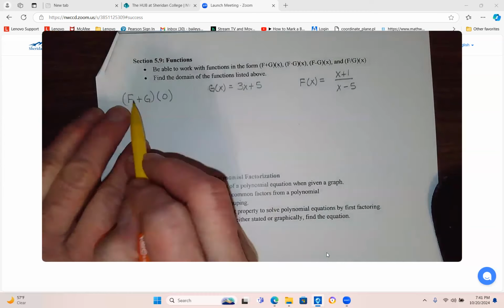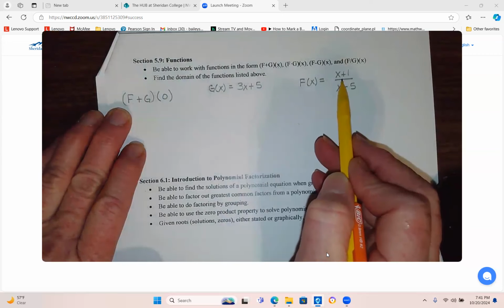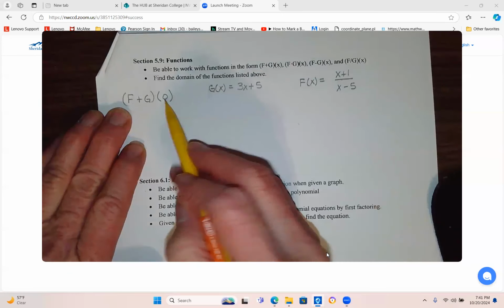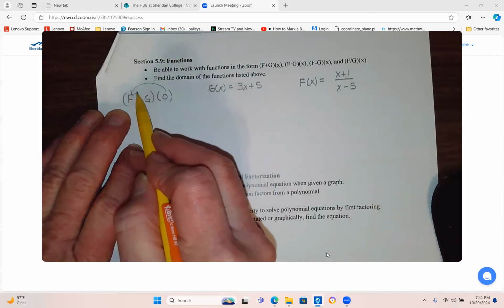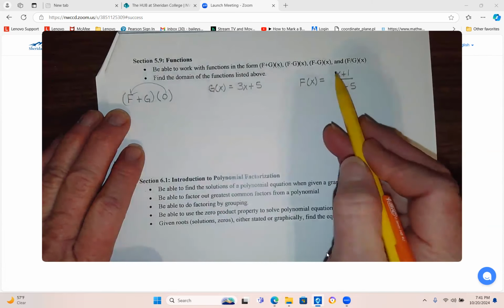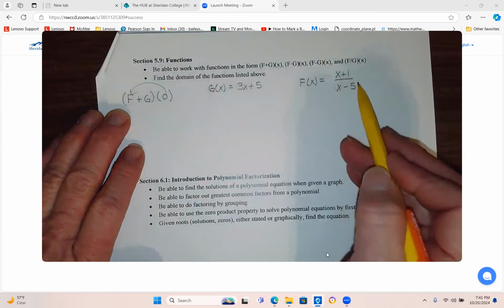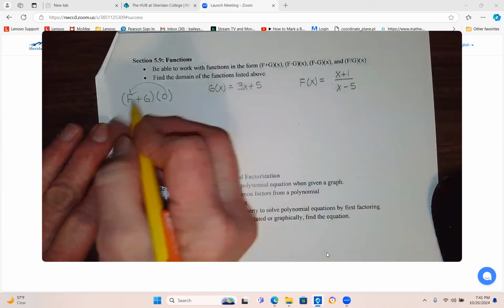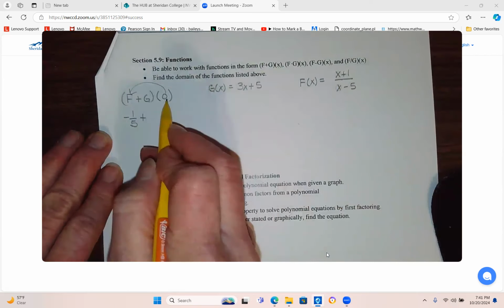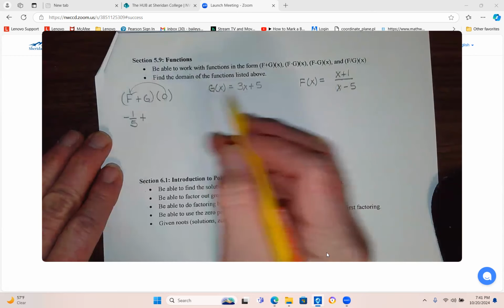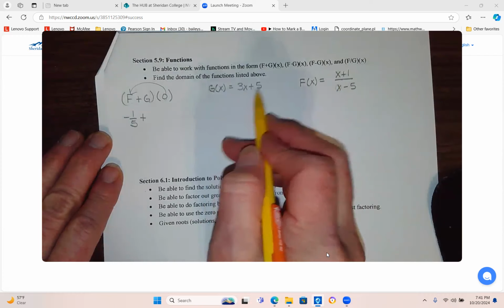Rather than finding this function by actually adding these two together and then putting in the 0, I would put 0 into the f function and see what you get. You're going to get 1 over a negative 5, or a negative 1/5. Then I would put 0 into the g function: 3 times 0 is 0, plus 5 is plus 5.